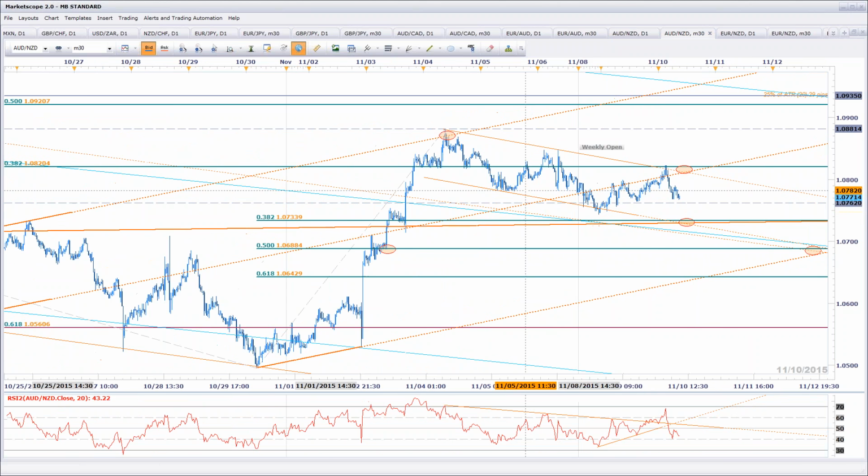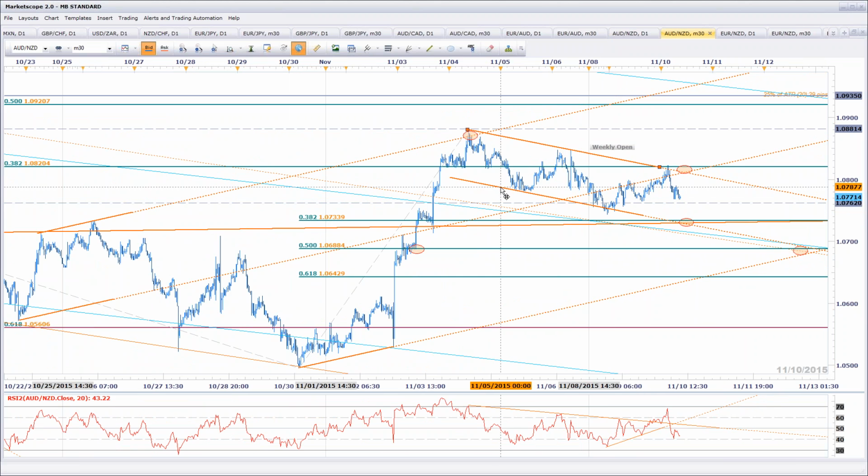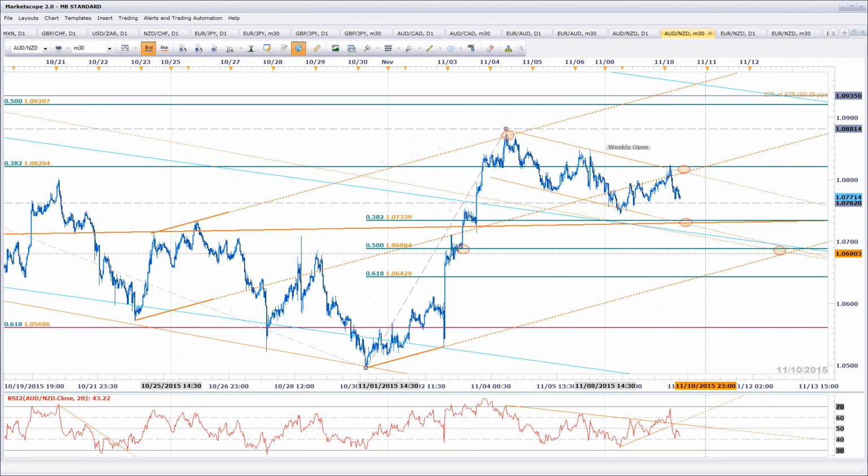Why? Again, basic channel support, a basic 38.2 retracement of the advance, so you get some recovery. The highs from the previous week were right there. And those median lines that are on the daily chart, the whole world converges at 107.20, 107.33. So I think this would be a much more conviction long.